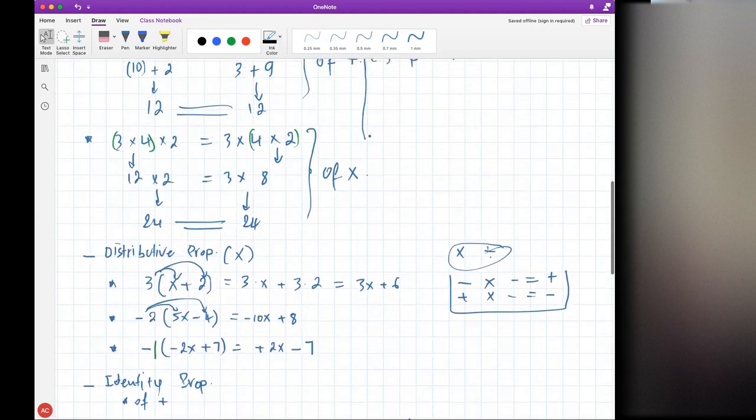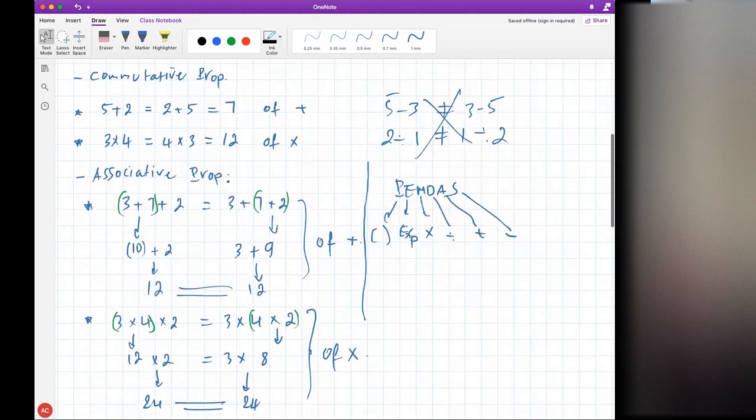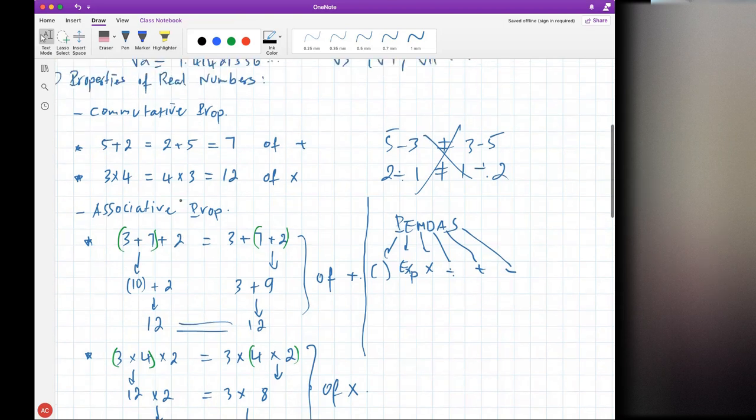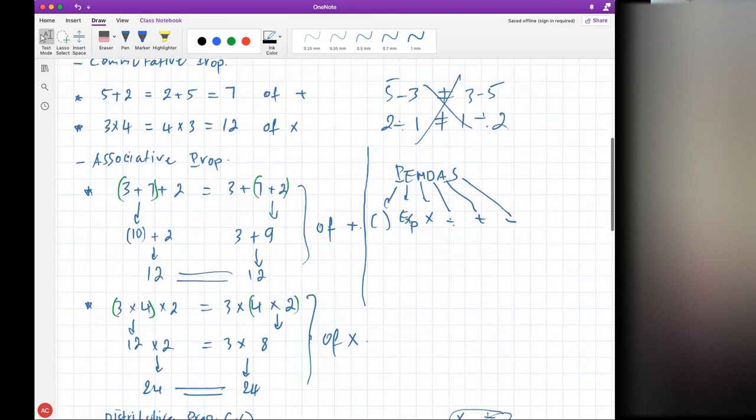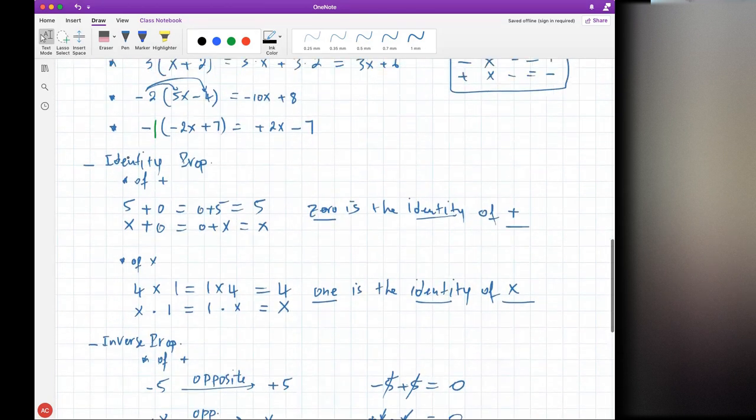Yes, remember the names of them. For example, I may give you this and say name this property, and you should say this. Or I may say associative property, and ask you to give an example, or a missing number here. I will say complete the example, and so on. They're pretty simple. The names can be a little confusing, so remember the names: commutative, associative, and so on.